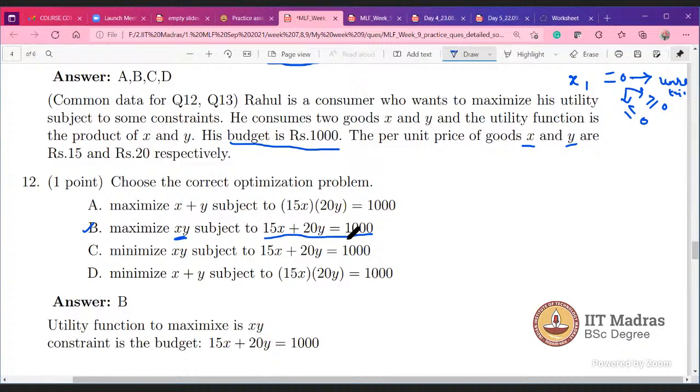So we'll just go with the equality condition, because you don't necessarily have to spend that much, right? Yeah, his budget is actually ₹1,000. It is not like his budget is less than 1,000. He has a ₹1,000 budget. So he wants to buy these two products for ₹1,000, not anything less than that. Therefore it is equal.